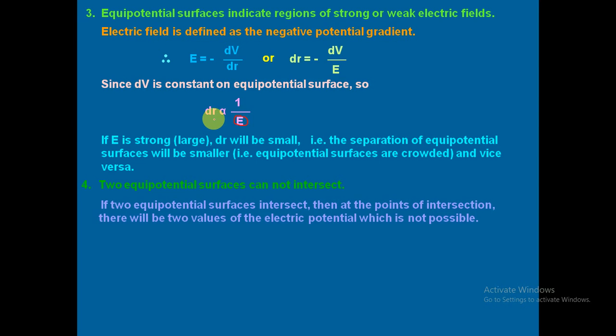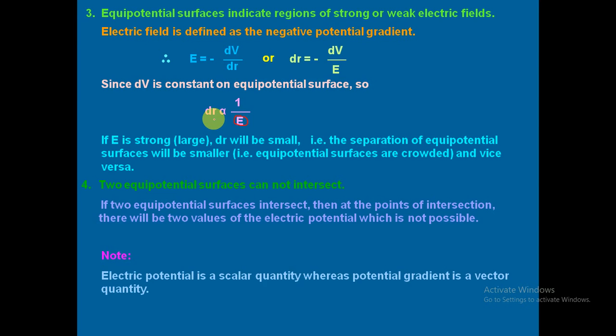If they intersect, then at the point of intersection there will be two values of the electric potential, which is not possible. For an equipotential surface, there is one value of the potential. So, two equipotential surfaces cannot intersect.